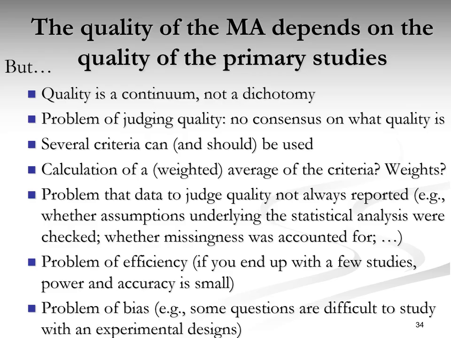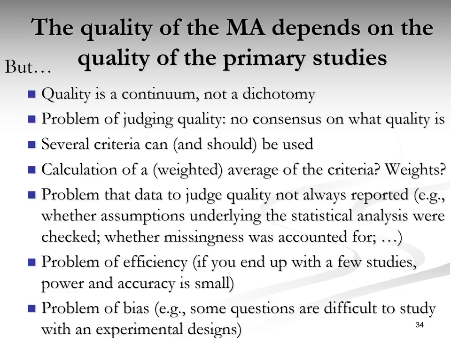So how can you judge the quality based on information that is not complete? If researchers do not report on the check of the assumptions, can you conclude that they did not check the assumptions?